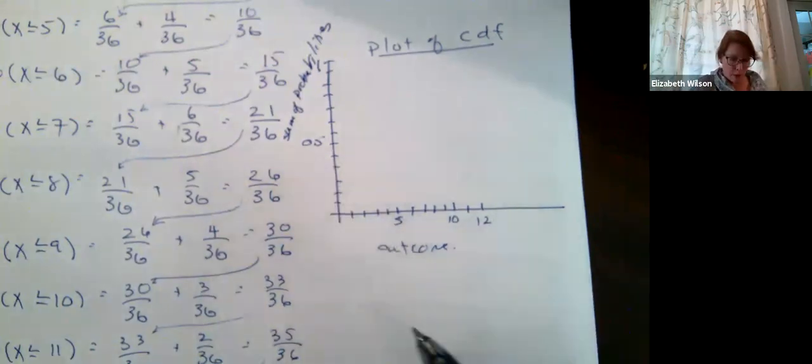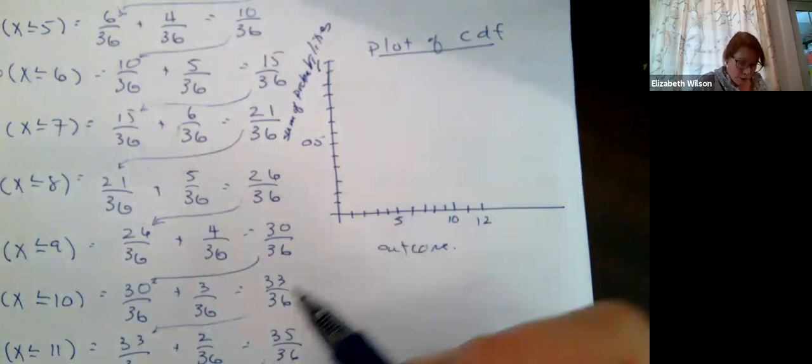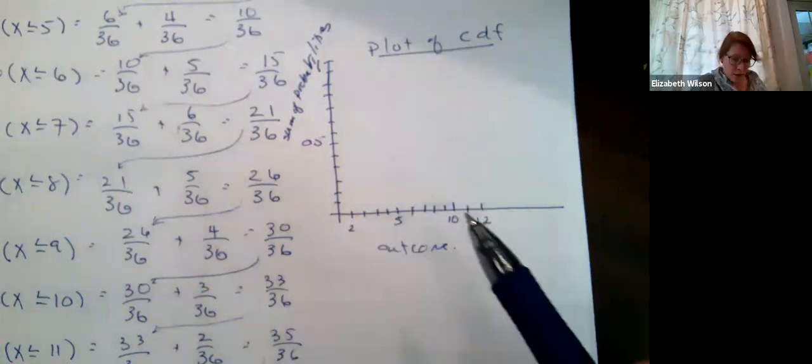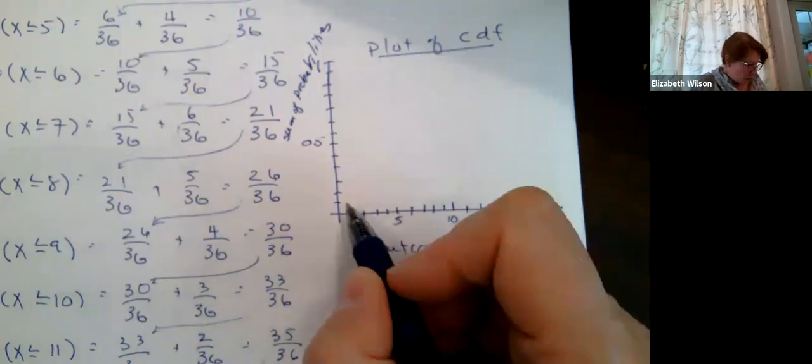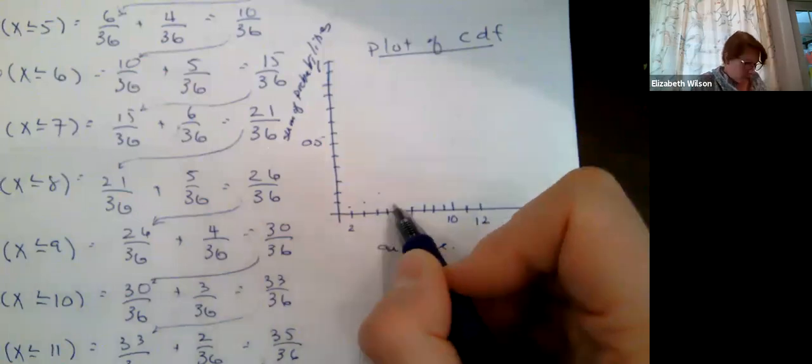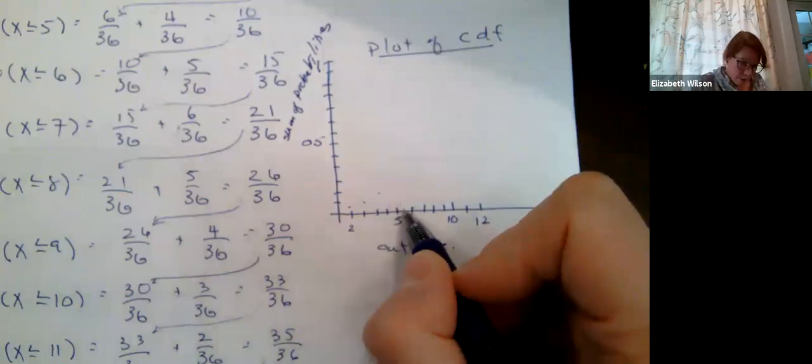So I'm going to start. For 2, our very first one, it's going to be 1 out of 36. It's somewhere right around here. I'm going to just start marking these out. 2, 3, 4. Right here. 5, 2, 3.